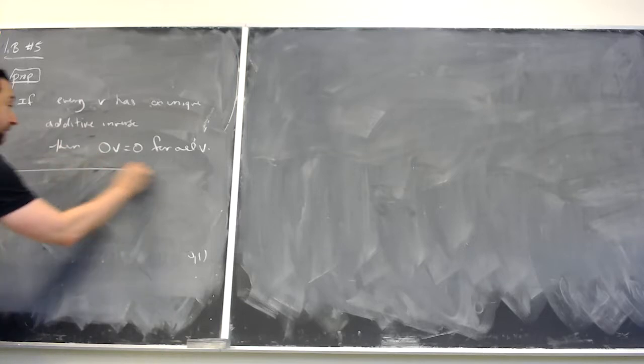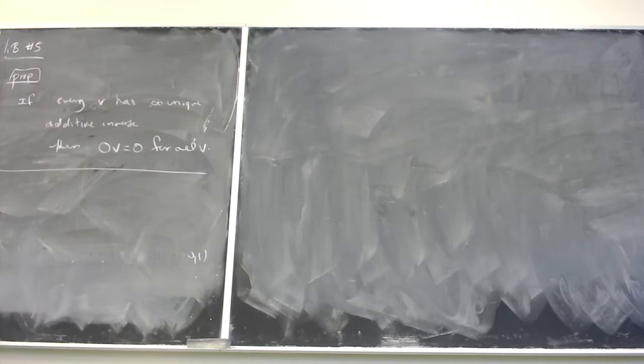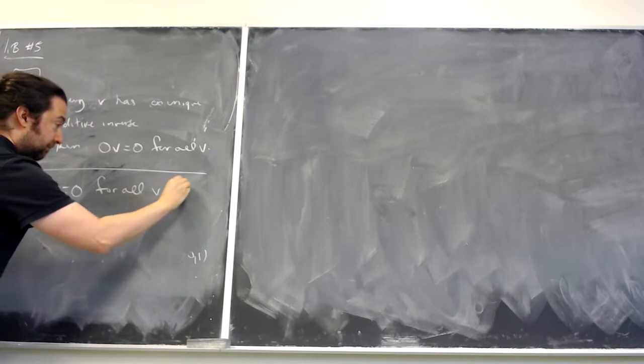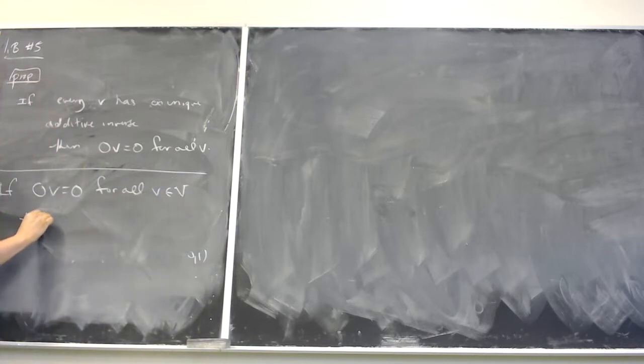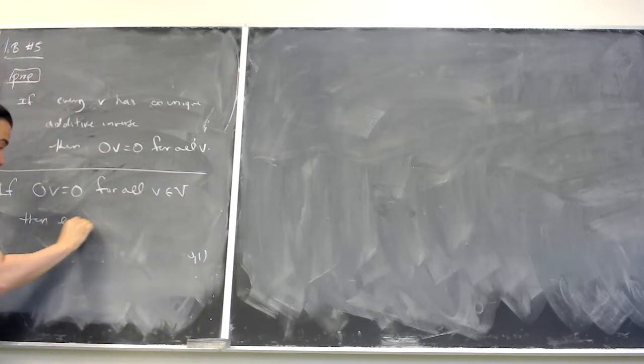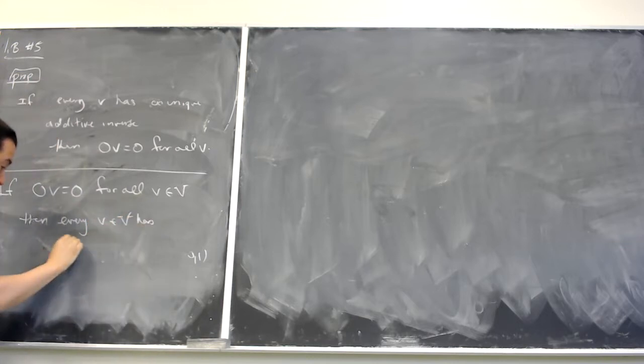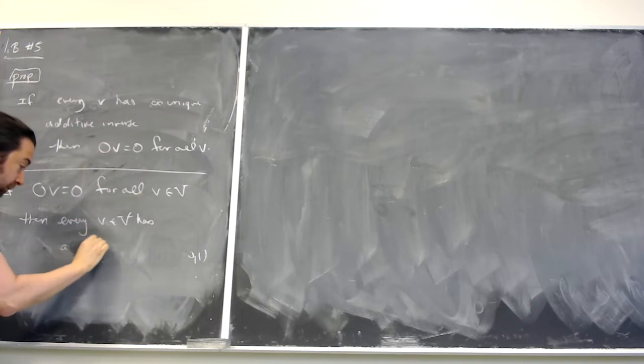What the homework exercise is asking you to do is to reverse that argument. The homework exercise wants you to establish that if 0v is equal to 0 for all v, then every v in V has a unique additive inverse.